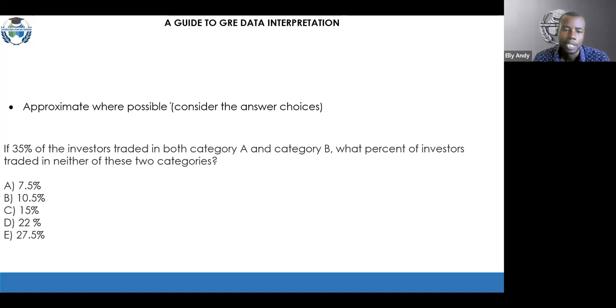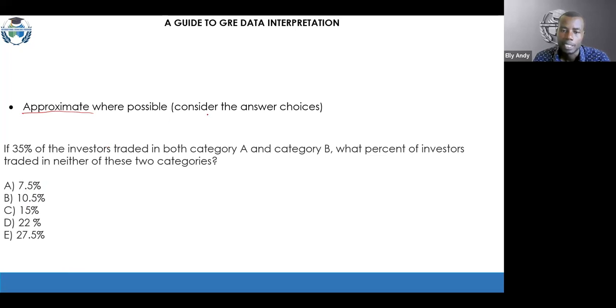For questions where you can actually approximate, you don't always have to run to the calculator. So for example, in this question, we have answer choices ranging from 7.5 to 27. These choices are not that close.